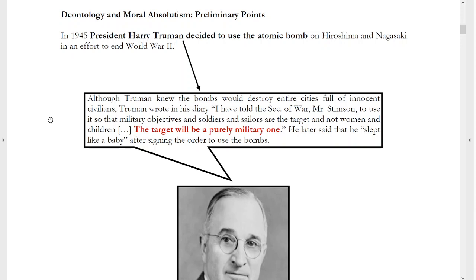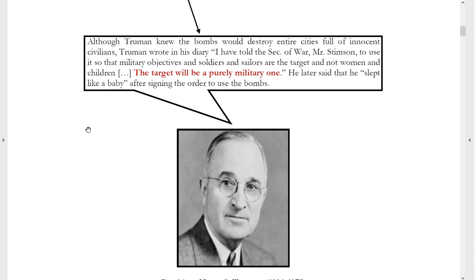Okay, so there are a number of things that one can think about this justification. One, given that the bombs were in fact dropped on cities that were full of civilians, it's a bit of a stretch to think that Truman could have reasonably expected that the main target would be a military one.